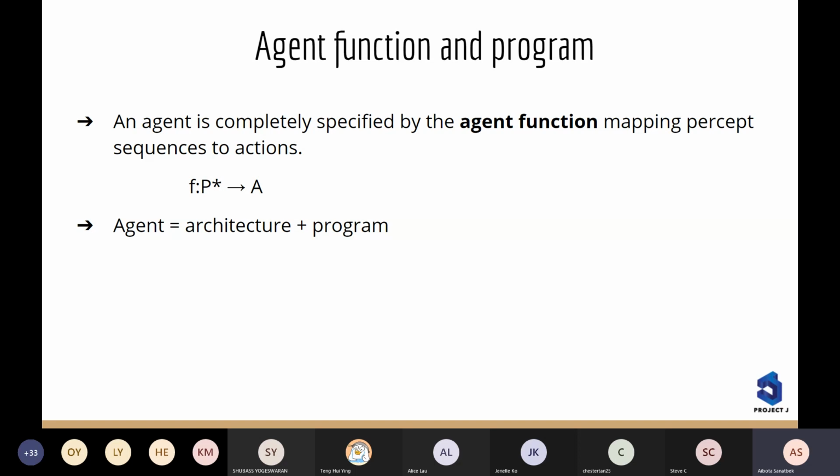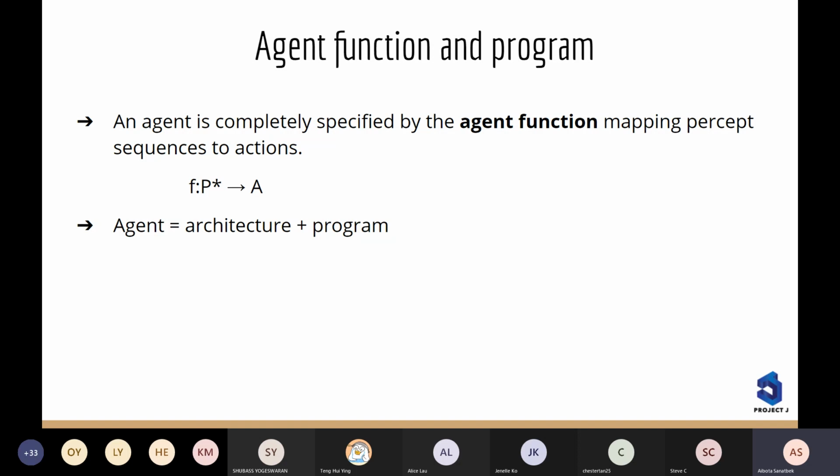So the next is an agent program, which is actually an implementation of the agent function that we just described. What I mean by this is, as we have just learned, the agent function is an abstract mathematical description, right?